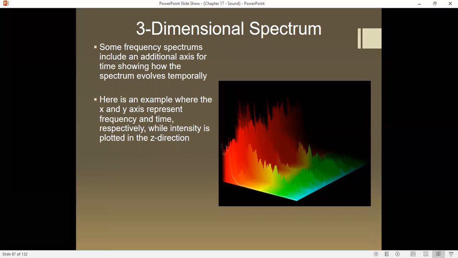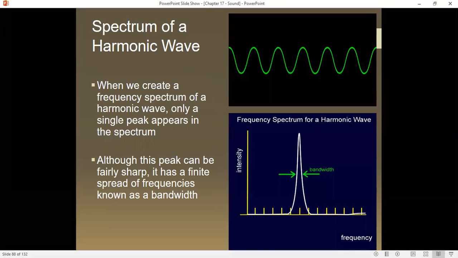And you can do really fancy fast Fourier transforms with waves and come up with three-dimensional plots showing how the frequencies evolve with time. But for our purposes, we're going to understand that by looking at sound, looking at the frequencies, we can see how a musical note is different from most other sound waves.